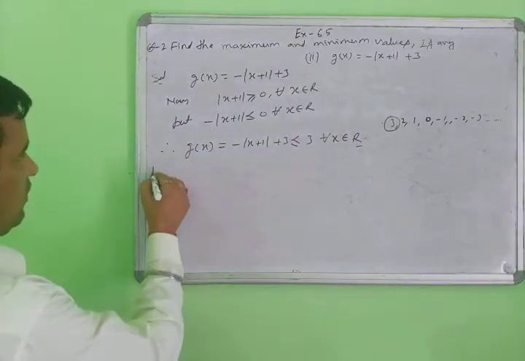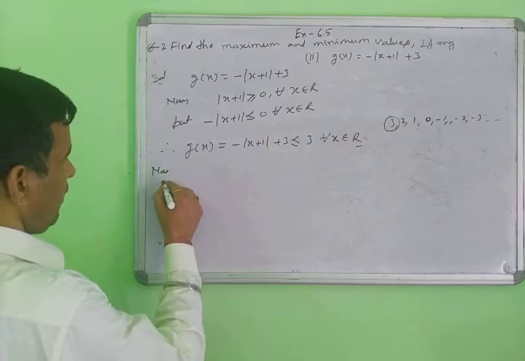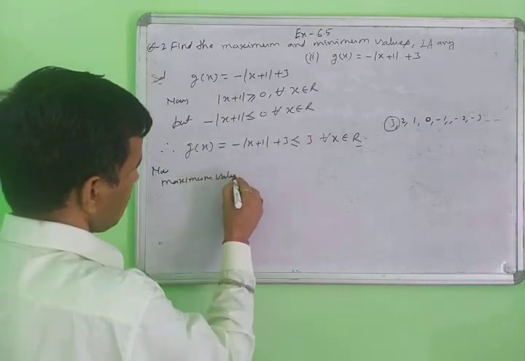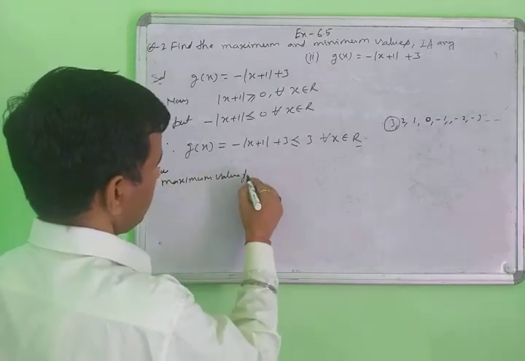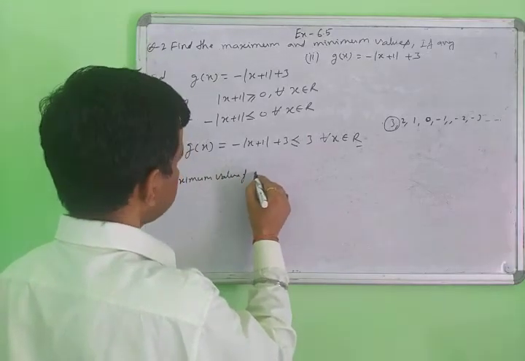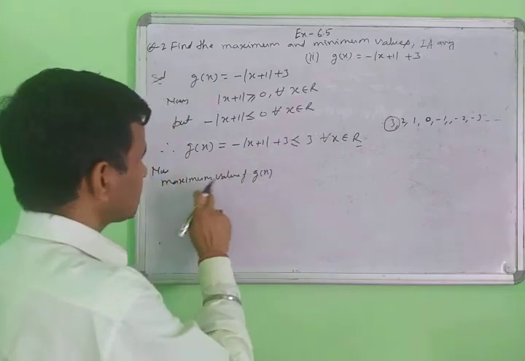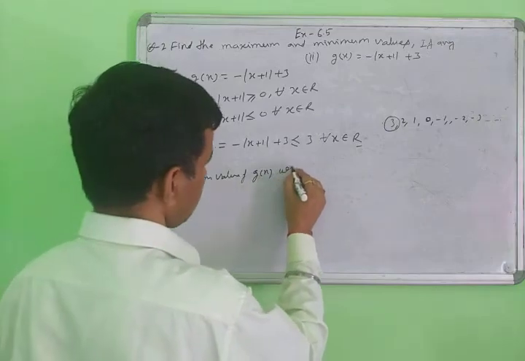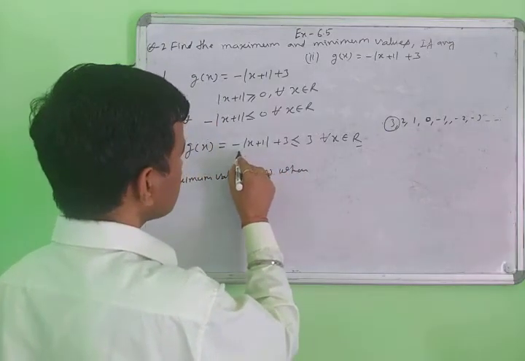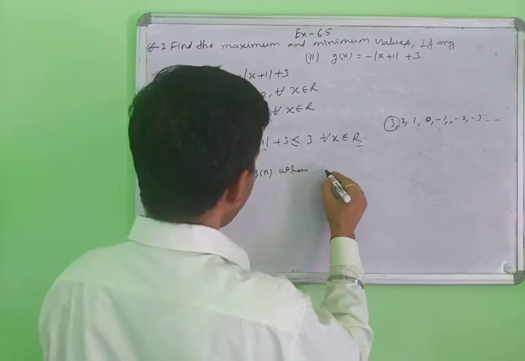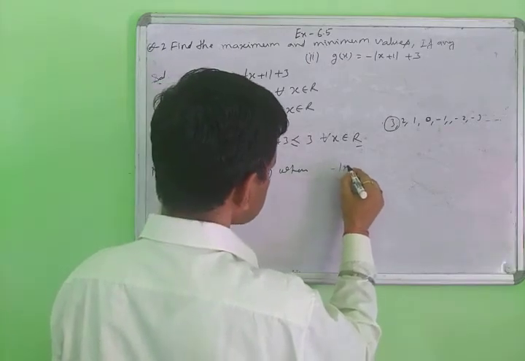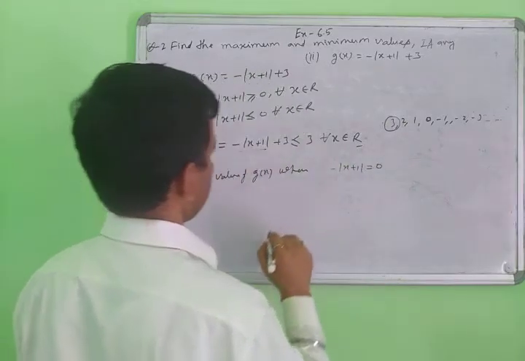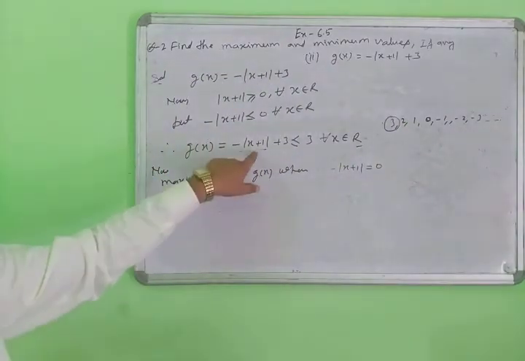Now the maximum value of the function g(x) occurs when -|x + 1| equals 0.